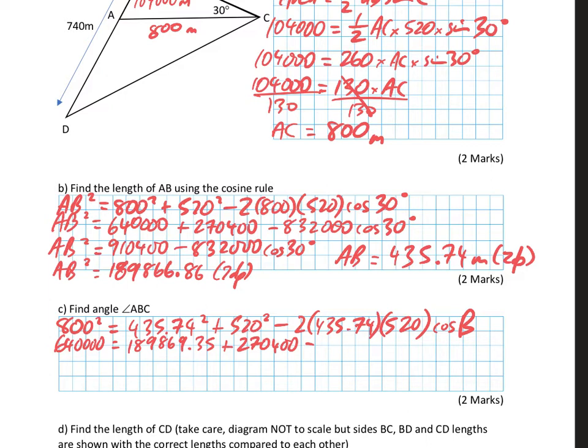Take 2 times 435.74 times 520. Take 453,169.6 cos B. 189,869.35 plus 270,400.